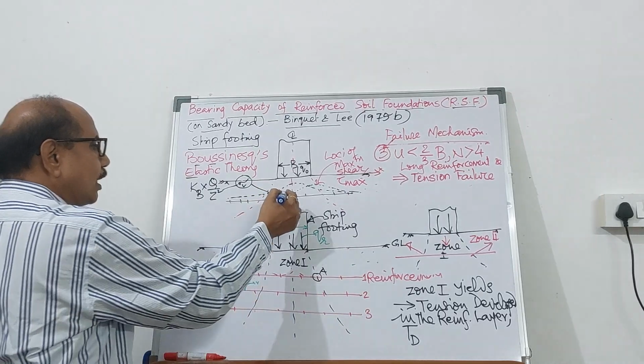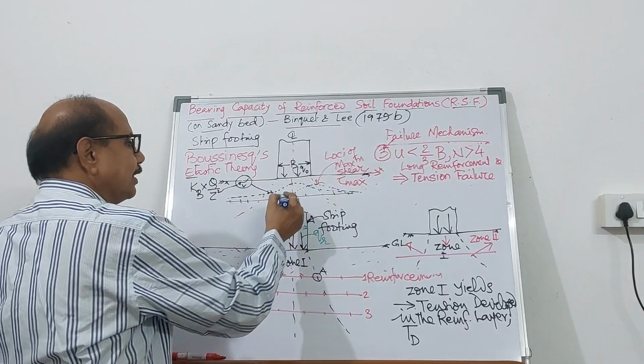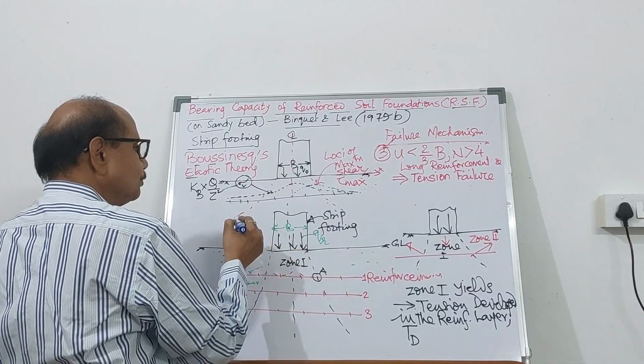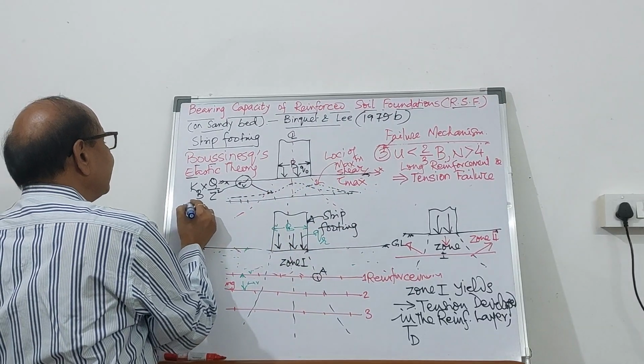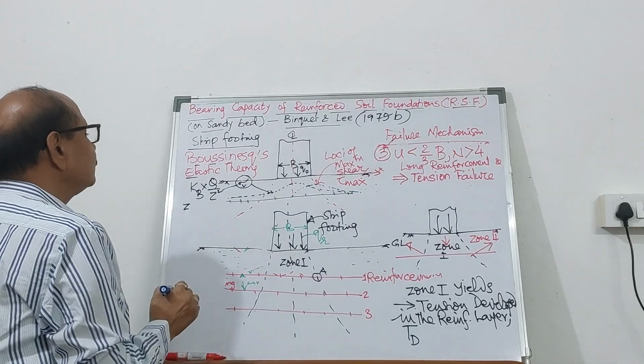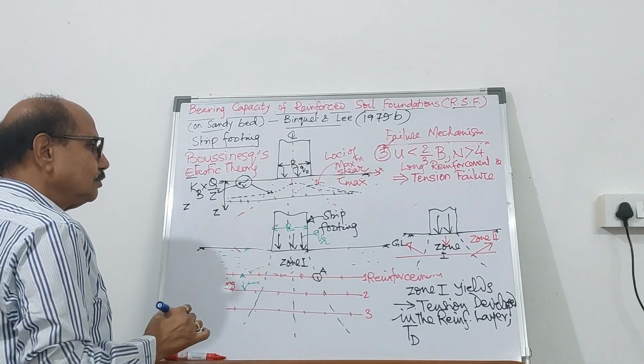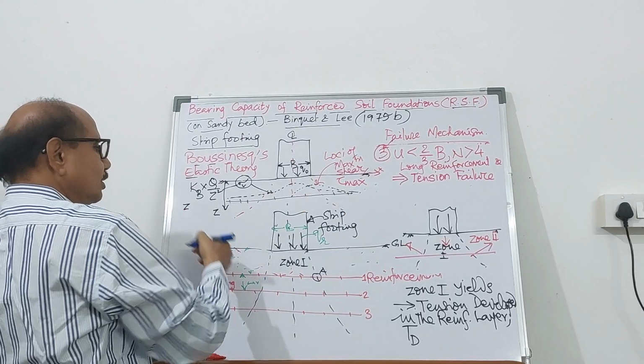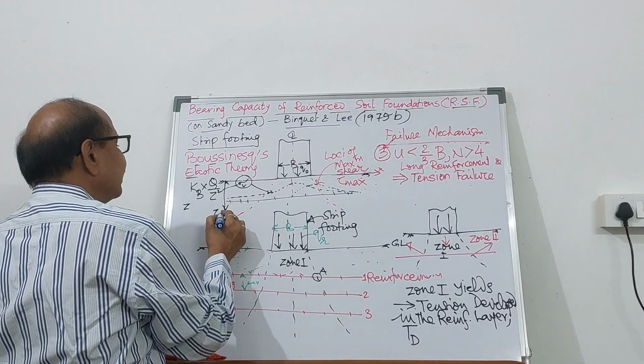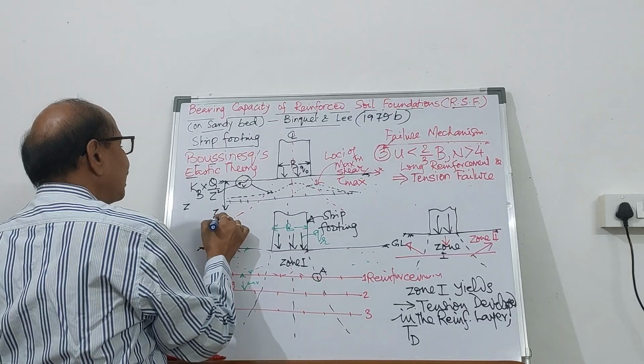And you know how to calculate it at any depth. So at any depth Z, this is the direction of the depth Z, and this becomes the horizontal distance, the radial distance, called r.